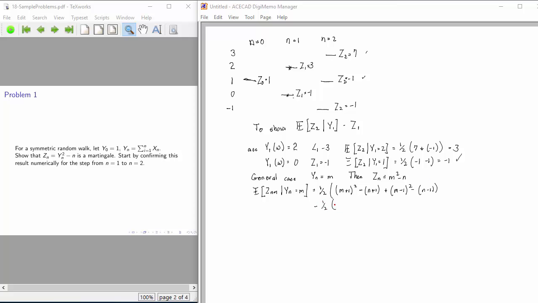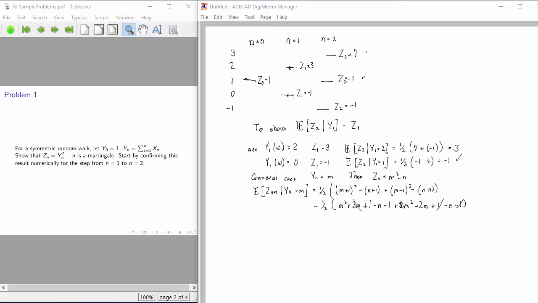What's that? Well, that's 1/2 times m squared plus 2m plus 1 minus n minus 1, plus m squared minus 2m plus 1 minus n minus 1. And things cancel like crazy. That cancels that.